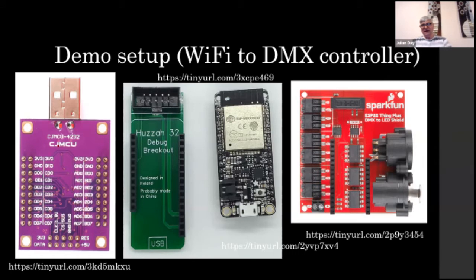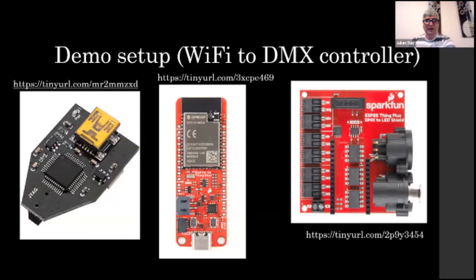If I was starting again, I would do this slightly differently. I would instead have one of the new S2 feathers, which is effectively an update to the ESP32 device with lots of bug fixes and a few new features like the USB controller and such things that the old one didn't have.